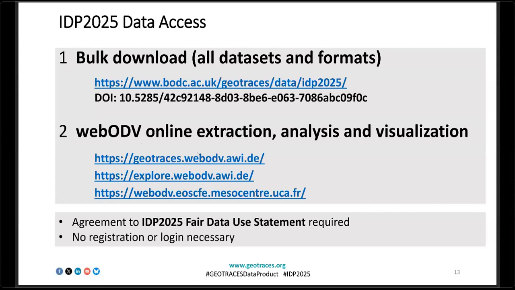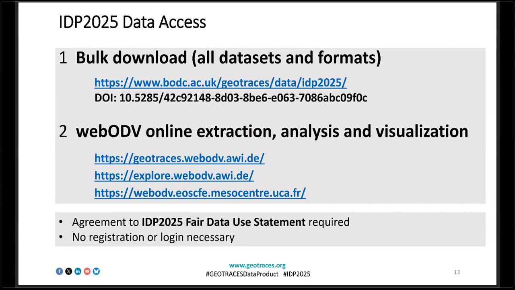So if you want to have specific subsets of the data, you can do it using Web ODV. Or if you want to do online analysis and visualization, that's also easily possible. And we are now making these services available via three separate web services, just in case any one of them goes down, as we experienced at our institute just recently.